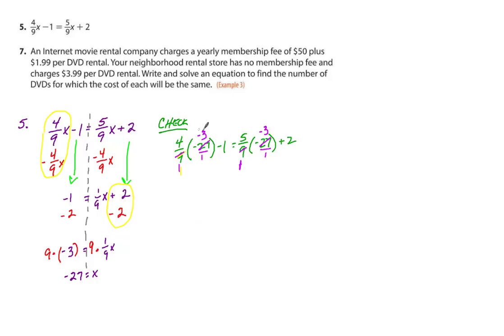So I have 4 times -3 is -12 minus 1. Equal to 5 times -3, which is -15 plus 2. Well, -12 take away 1 more is -13. -15 plus 2, 2 0 pairs, also -13. Yay me.